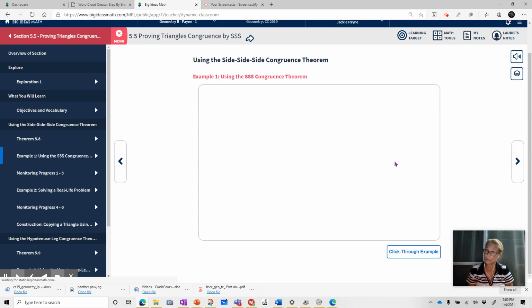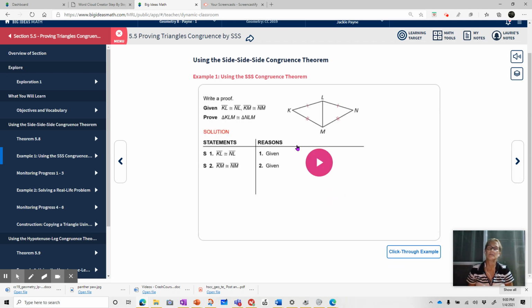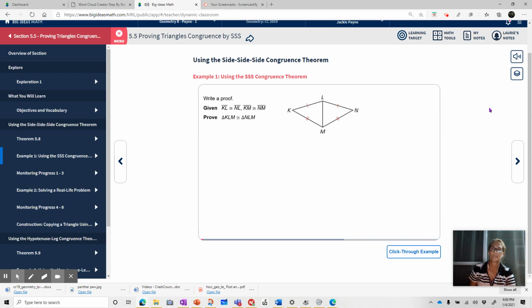Now, if we want to use this theorem, this is really only a three-step proof, even though they put 1 and 2 together, and this is how we do it. Write a proof. Given that segment KL is congruent to segment NL and segment KM is congruent to segment NM, prove that triangle KLM is congruent to triangle NLM.